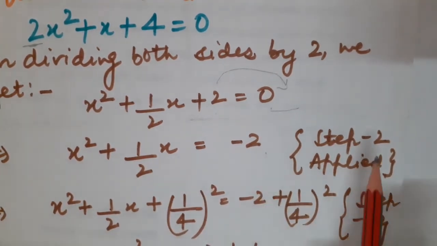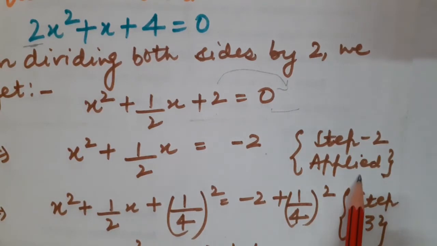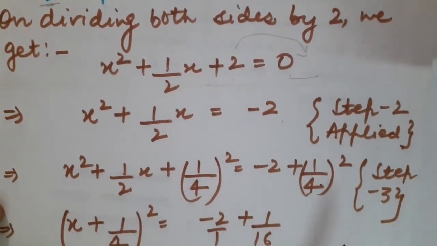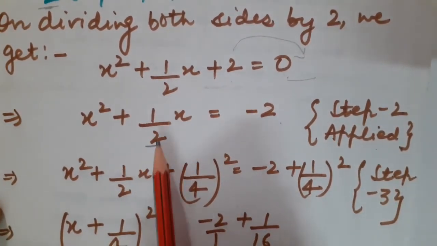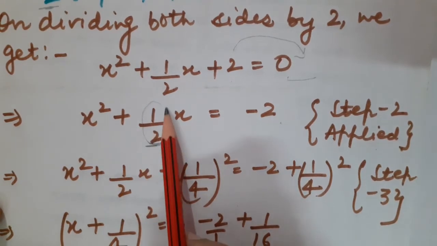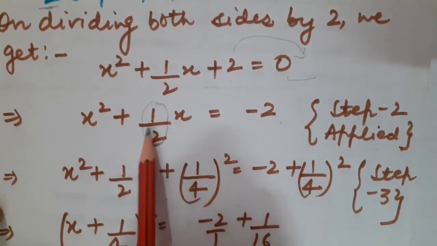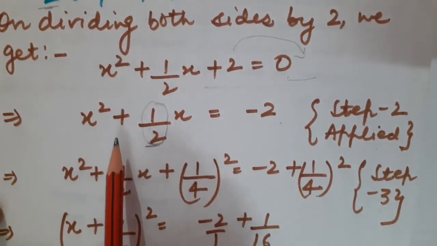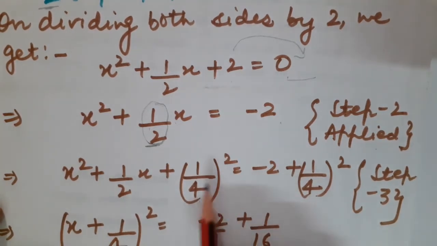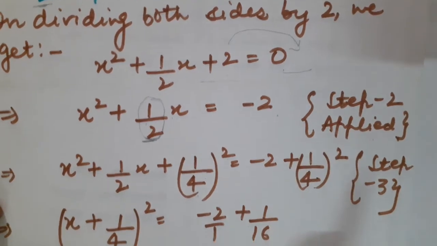Here I have written that I have applied step number 2. Correct, children? Okay. Now what we have to do again, you will be having the numerical coefficient of x given, make its half. What is half of half? That would be 1 upon 4. Take its whole square, add on both the sides. Correct? Okay.